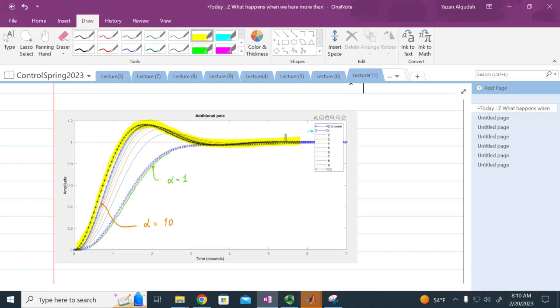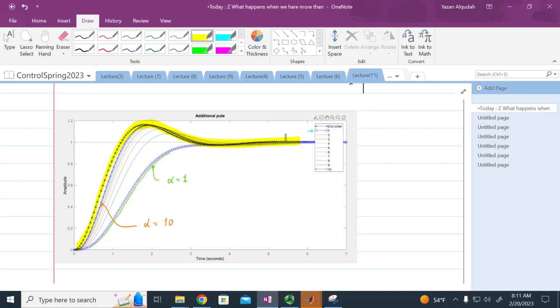The farther alpha is from the second order poles, the more likely I can approximate the third order system with a second order system. Does that make sense? So when alpha here is 10, the response looks almost as if it is of a second order system. This is the response of the third order system. It's very close to that of the second order system. This is when alpha is 9, when alpha is 8, when alpha is 7, when alpha is 6.